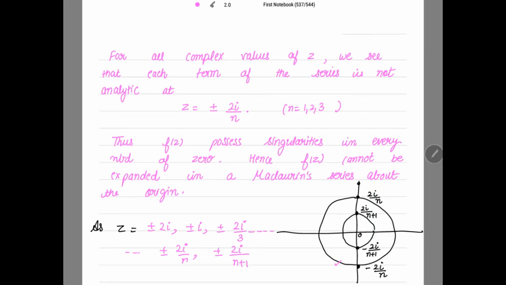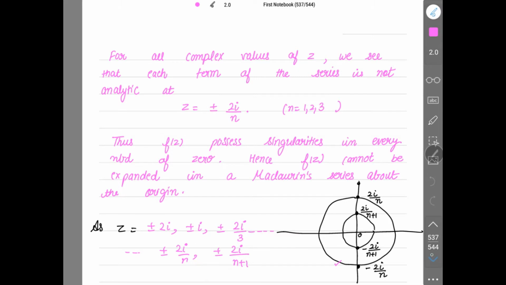If every neighborhood of 0 possesses so many singularities, the function cannot be expanded in a Maclaurin series about 0. That's why it is written: thus f(z) possesses singularities in every neighborhood of 0, hence f(z) cannot be expanded in a Maclaurin series about the origin.